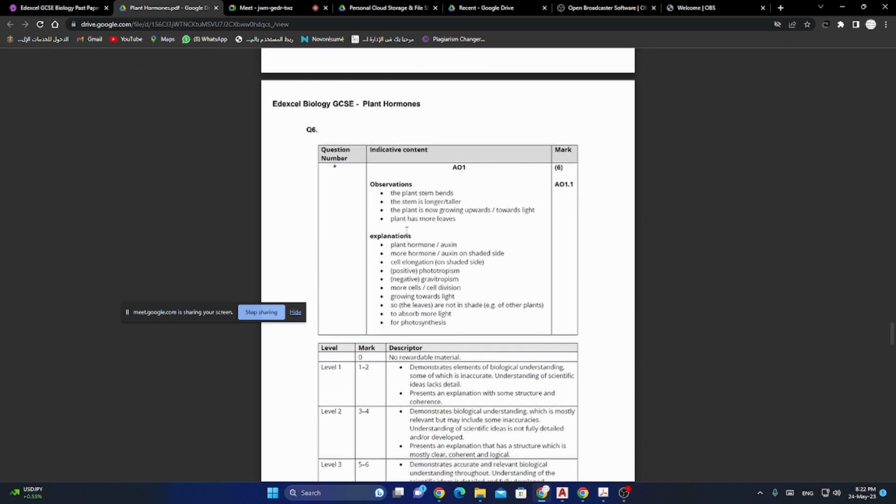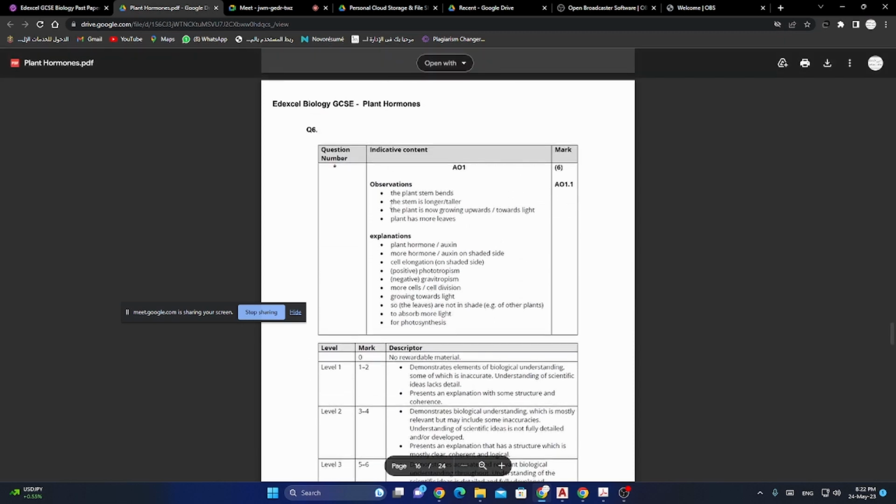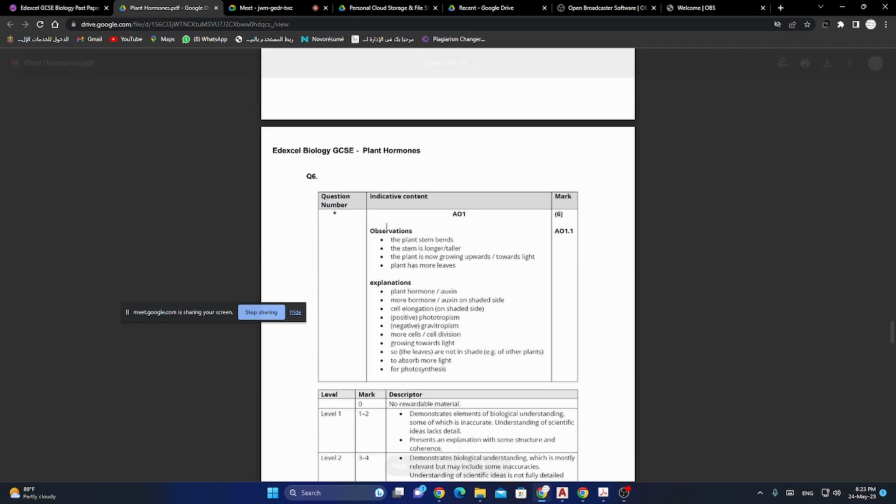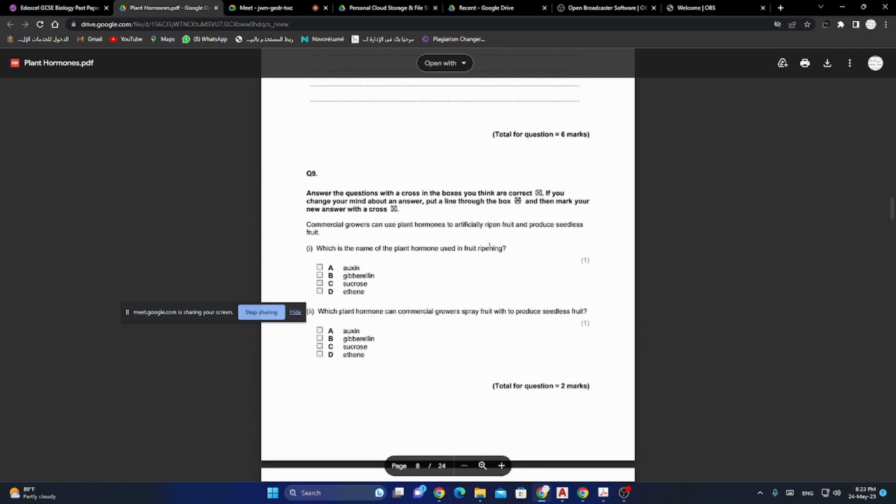Where is the question? Here. The plant stem bends, stem is longer, growing upwards, has more leaves. Okay. For some reason, they wanted that to be included.